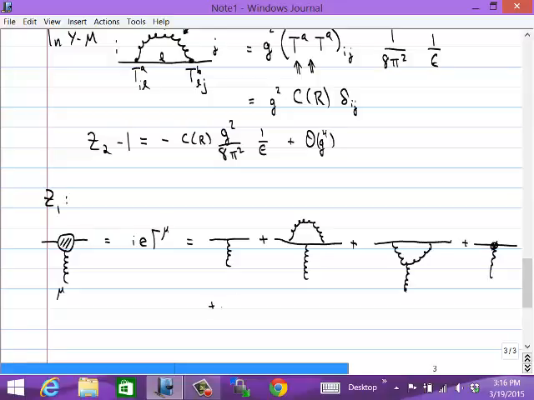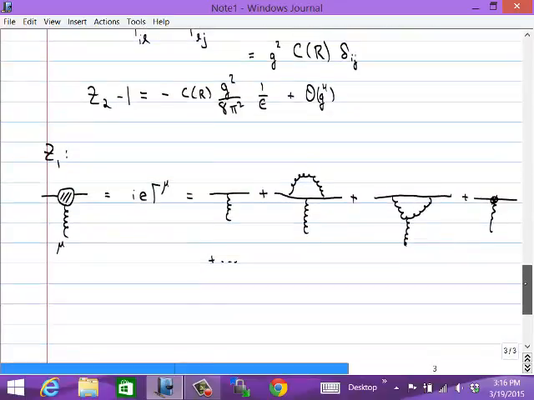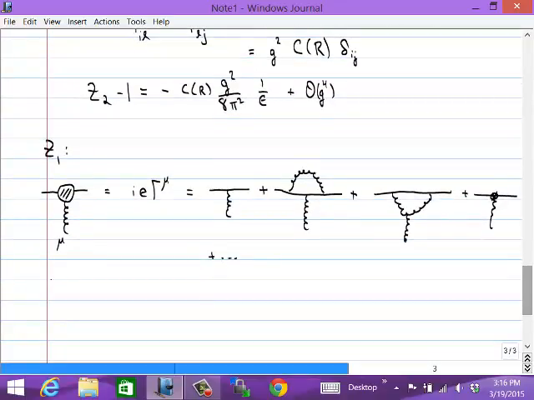And then there are terms that are higher order in the coupling that we won't be discussing today. Everything clear so far? Good. Now, how did this work in QED? So in QED, we just had the second diagram.